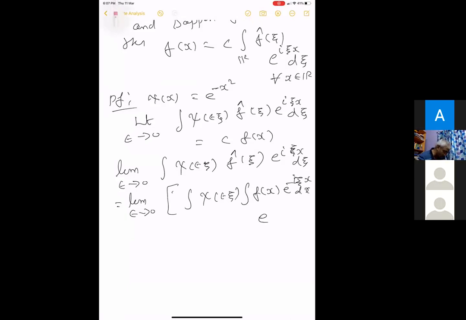Sorry, this should be y, since this is an integral, so it should be some y. Then e power i xi x, then d xi.